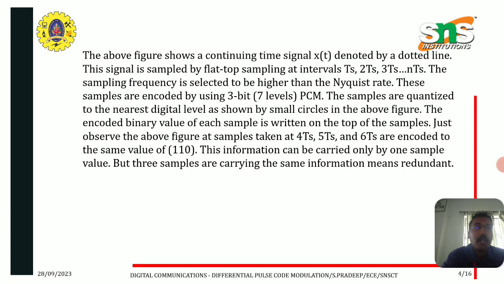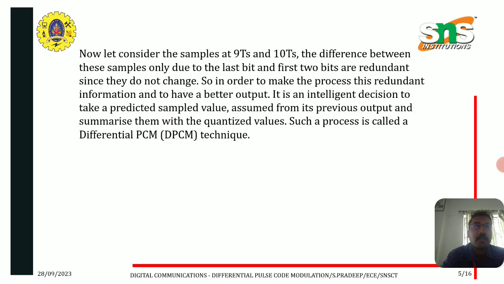Just observe the figure: samples taken at 4Ts, 5Ts and 6Ts are encoded to the same value of 110. This information can be carried by only one sample value, but 3 samples are carrying the same information, which means redundancy. Now let's consider the samples at 9Ts and 10Ts.